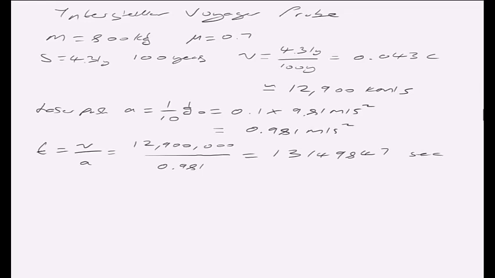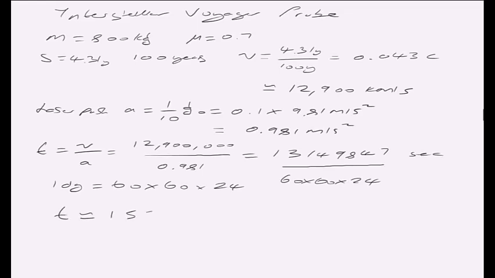And we know that 1 day is equal to 60 seconds, 60 minutes, and 24 hours. So if we divide this by 60 times 60 times 24, then the boost time is approximately 152.2 days. That's how long it would take to accelerate the sail.